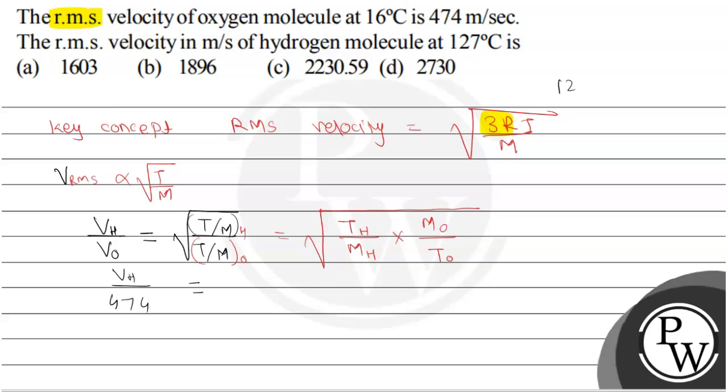We should convert it into Kelvin, adding 273, so it will be 400 Kelvin, because in the standard formula you should put the temperature in Kelvin. So the temperature of hydrogen is 400 Kelvin.